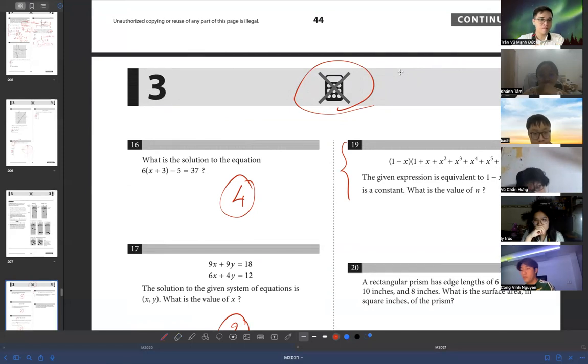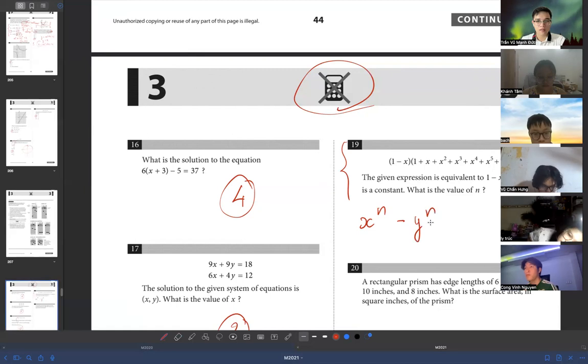What formula? x to the power of n plus or minus y to the power of n. Can you elaborate?